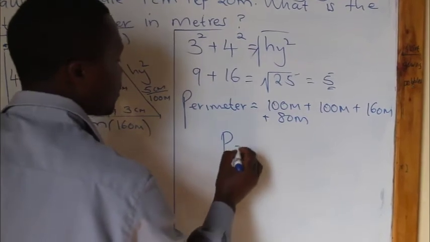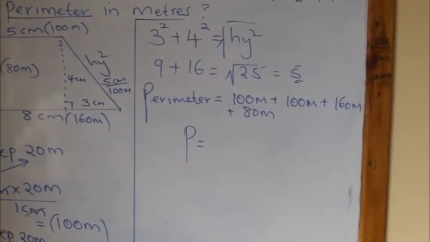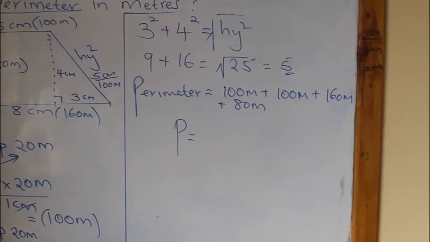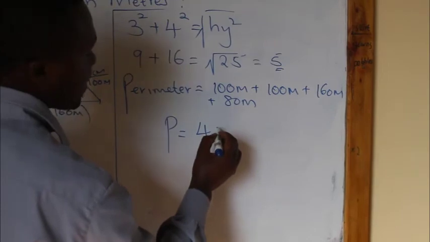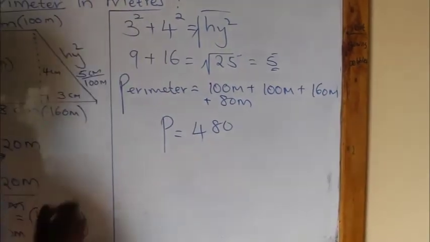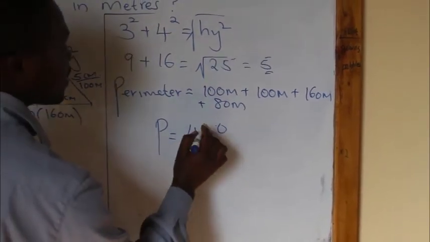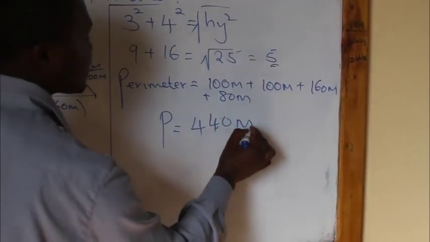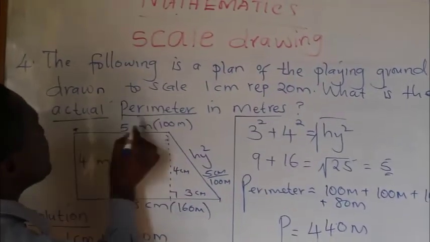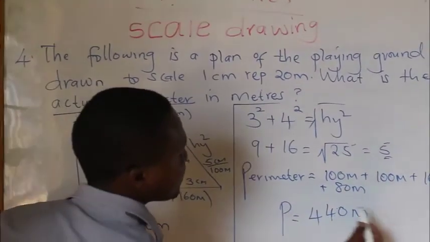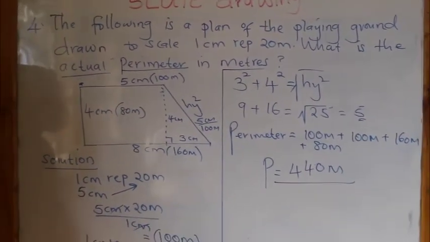So the perimeter is 100 plus 100 is 200, plus 160 is 360, plus 80 is going to be 440 meters. Going back to our question, what is the actual perimeter in meters? The answer is that my actual perimeter is 440 meters.